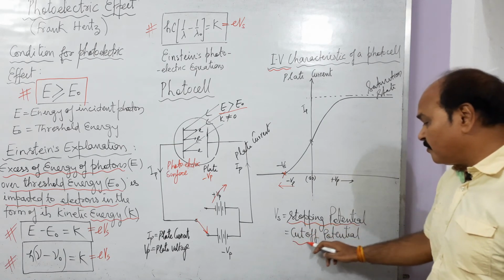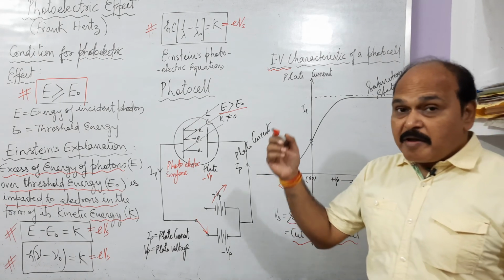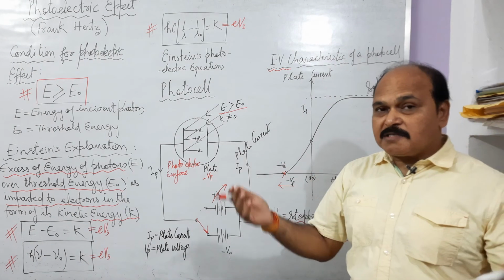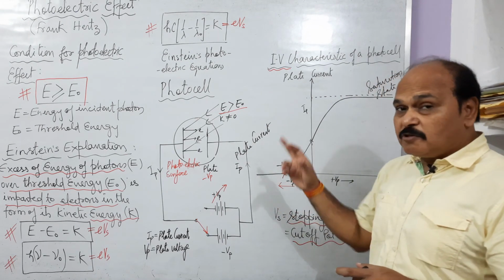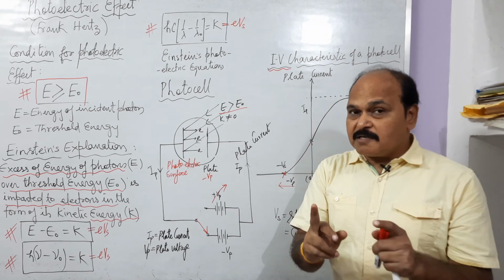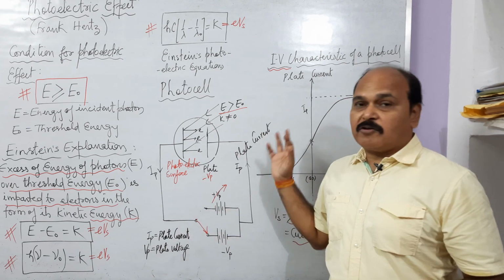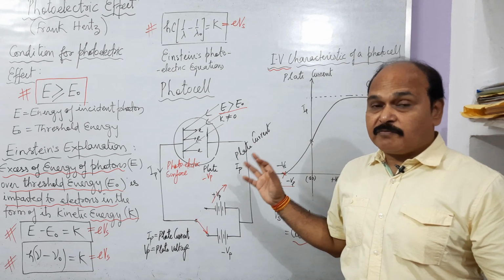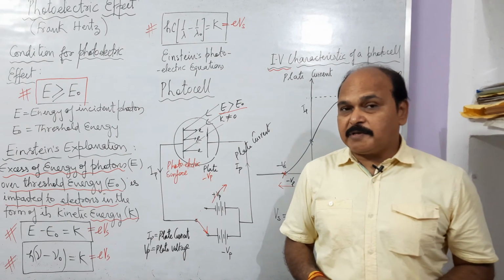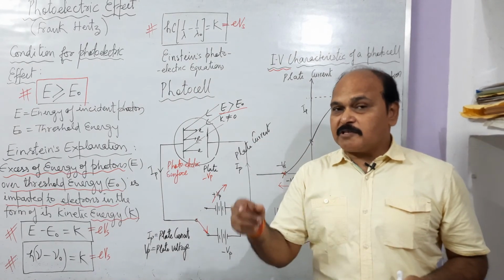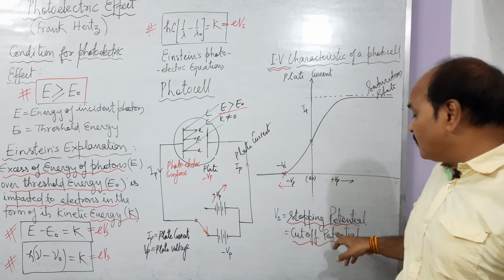Stopping potential or cutoff potential is the potential for which the current becomes zero for the first time, and this potential is a measure of the maximum kinetic energy of emitted electrons. That means if we know the stopping potential, we know the maximum kinetic energy of emitted electrons. And what is that? E minus E naught is equal to K.